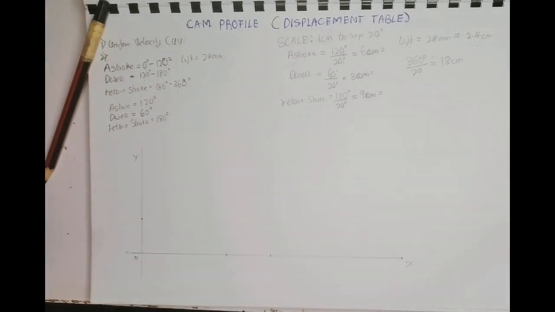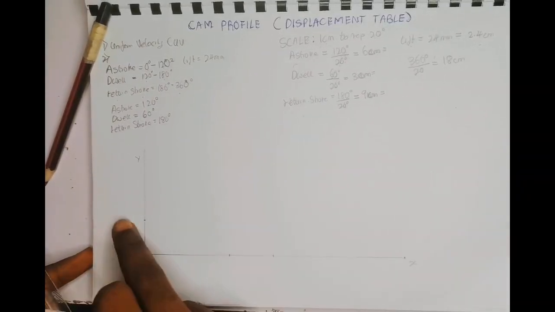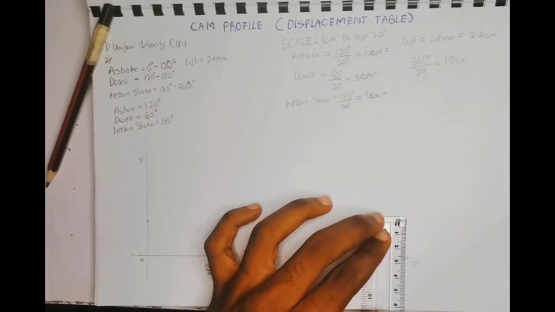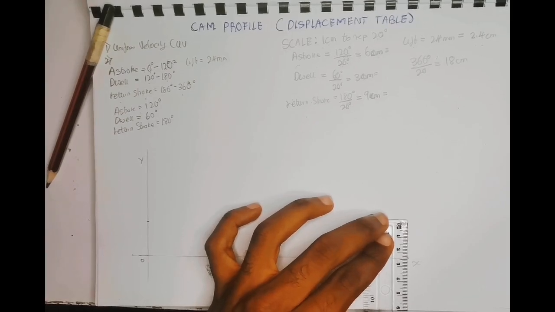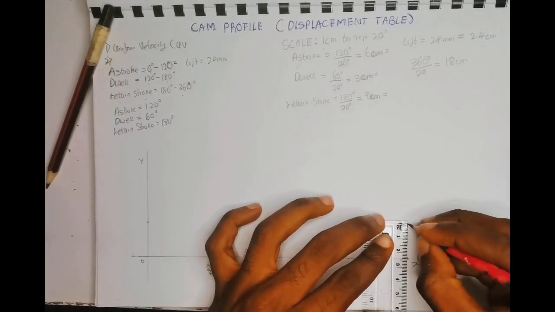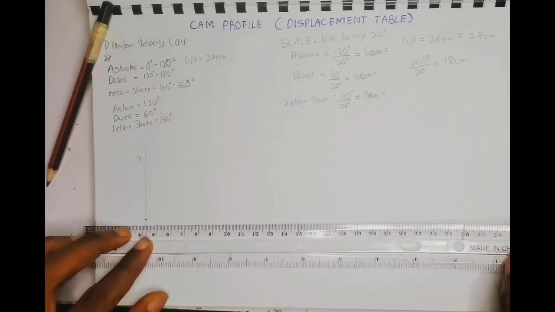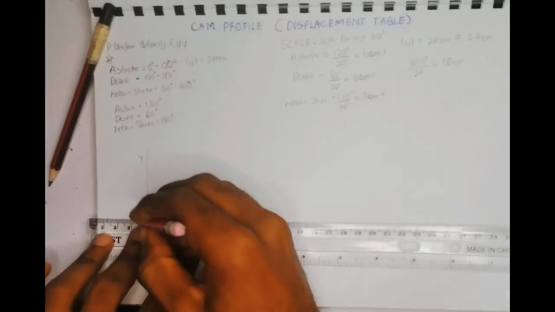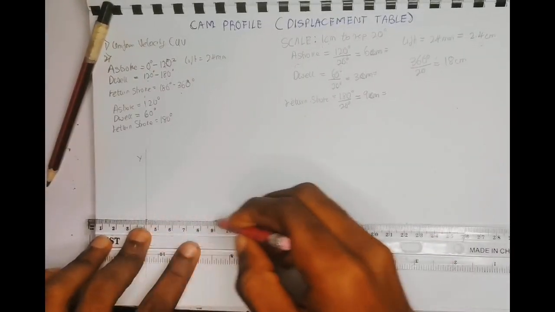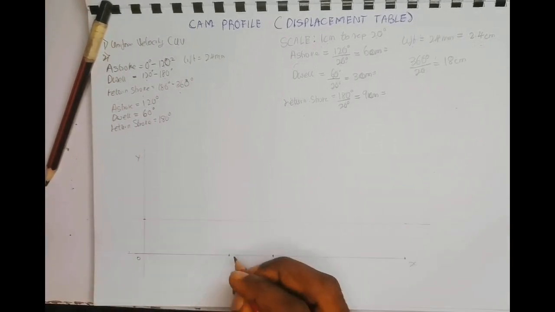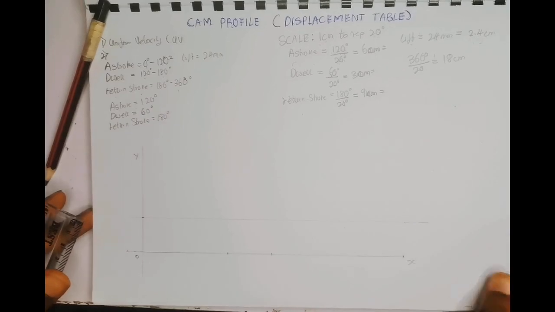Now, after doing this, we'll rule a line from the 2.4 centimeters over here. Let's also measure 2.4 centimeters at the end of the x-axis, and I'll rule a line joining these two. Now you project lines upwards from each point. Let me label it.